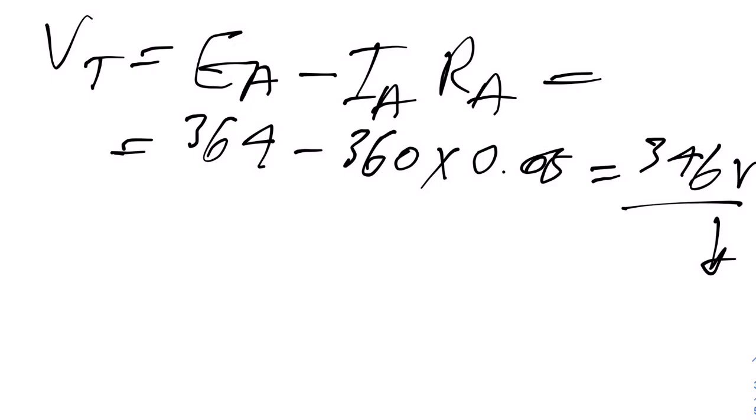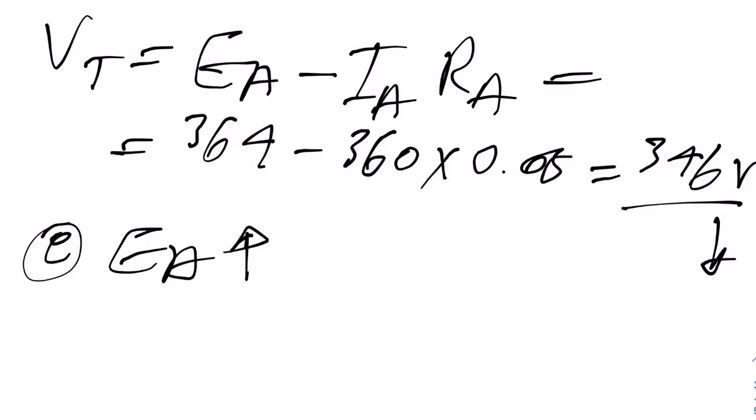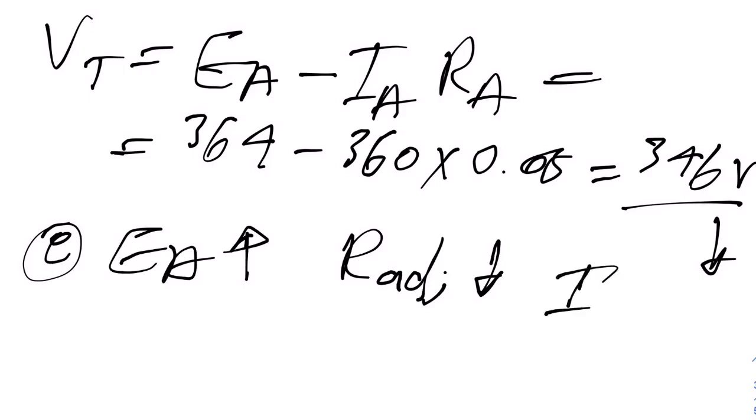This requires an increase in EA. We have to increase EA, which implies that our adjustment must be decreased. Must be what? Decreased, to increase the field current of the generator. So we have to increase EA, so our adjustment should be decreased to increase what? The field current.